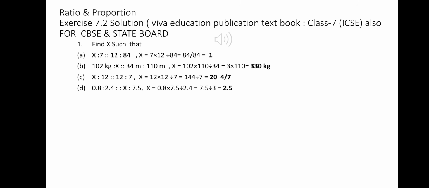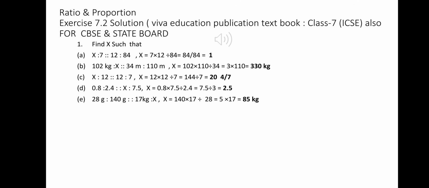So 0.8 into 7.5, that is the extreme term, divided by the middle term, 2.4, and that gives you 2.5. So 7.5 divided by 3, that is 2.5.